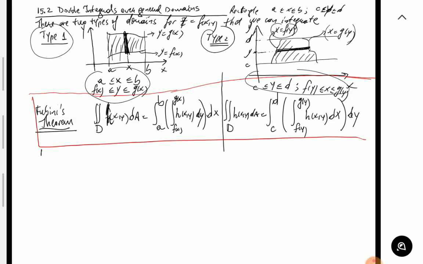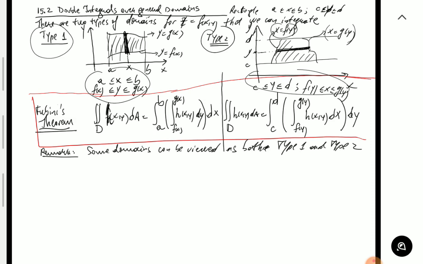And so an important remark, some domains can be viewed as both type 1 and type 2. And that's a very good thing indeed, which I'm going to focus on the next examples.